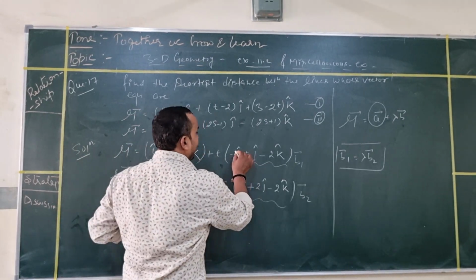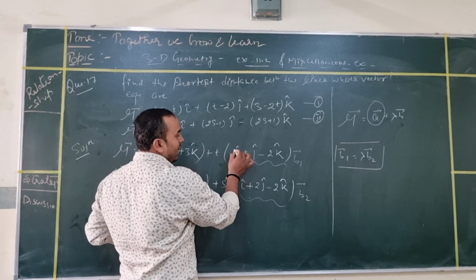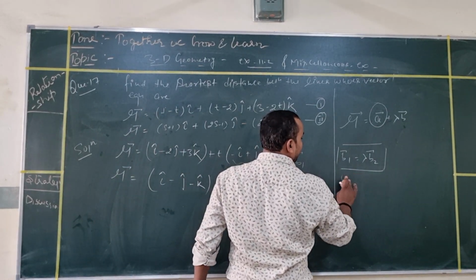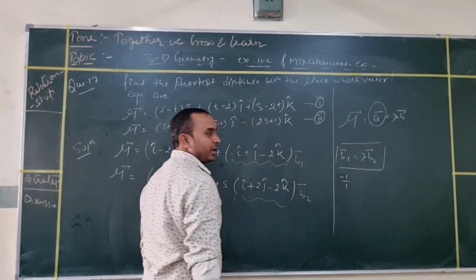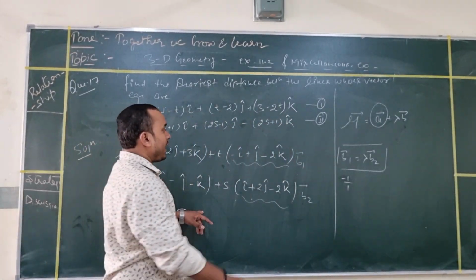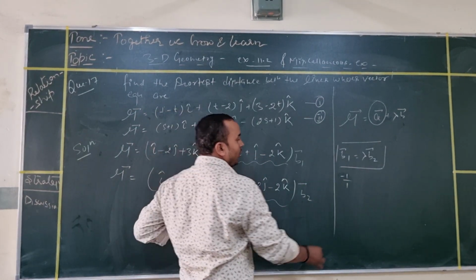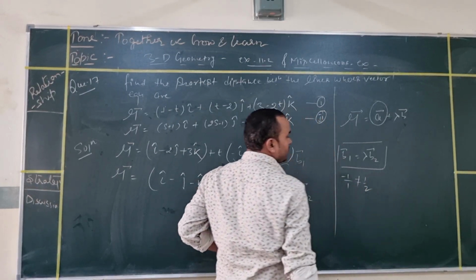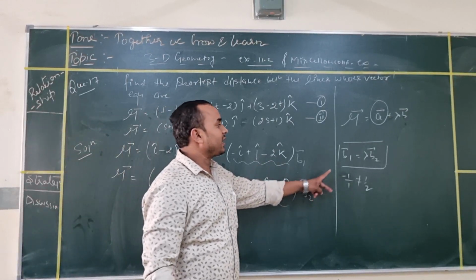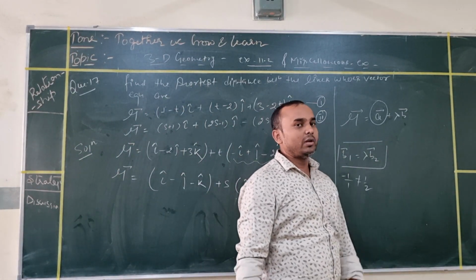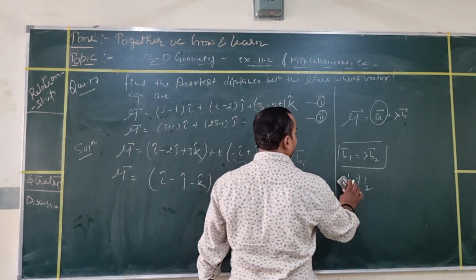The coefficient of i in b1 is minus 1, and in b2 it is 1. Is minus 1 by 1 equal to 1 by 2? No. So these two lines are not parallel to each other. If they were parallel, b1 would equal lambda times b2. These two lines are not parallel lines.